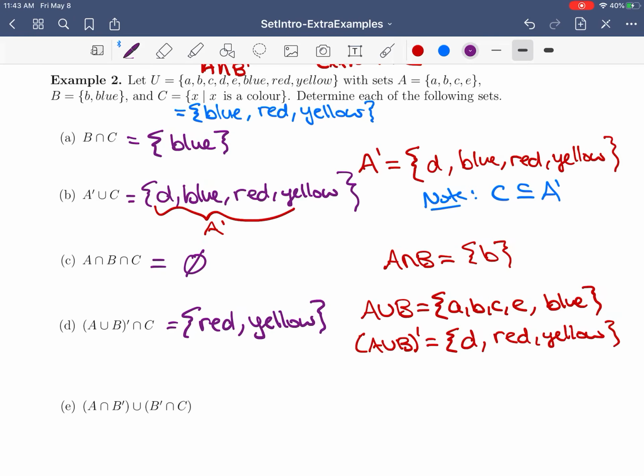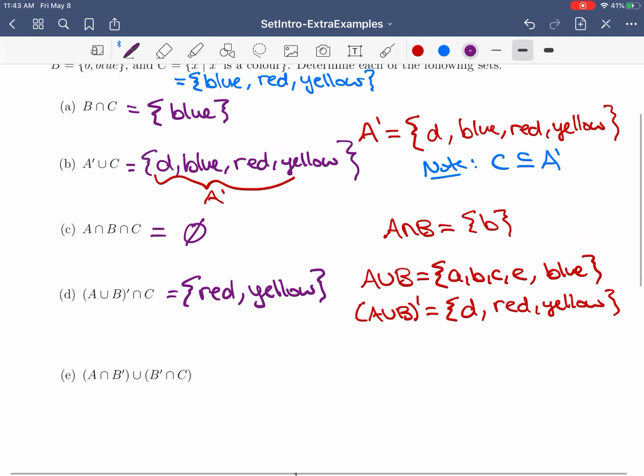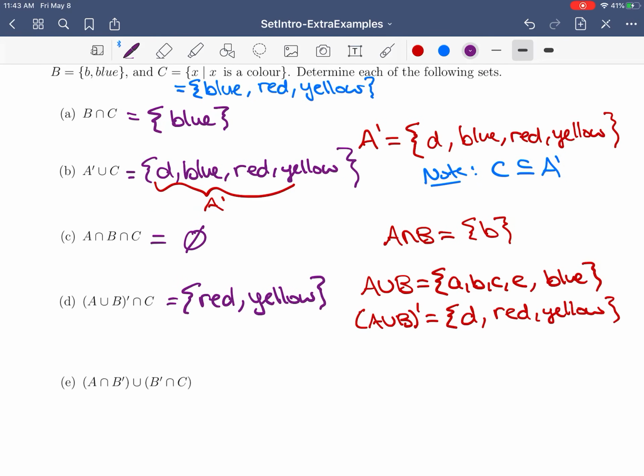Okay, lastly, we want A intersect B complement, union B complement intersects C. So again, we're going to want to do some computations here. So what is A intersect B complement? We don't have B complement yet. So maybe we want to write that.